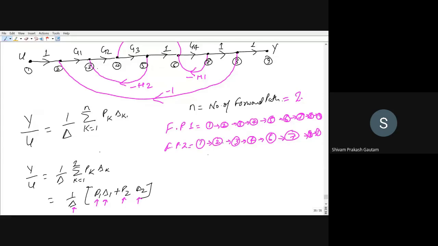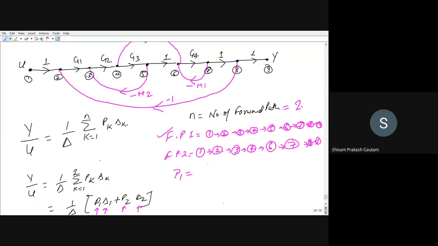Is it okay? So first we calculate P1. Just pay attention. P1 is this path, forward path 1. Just check one by one. From 1 to 2, what is the gain? 1, multiplied by. From 2 to 3, what is the gain? G1, multiplied by.